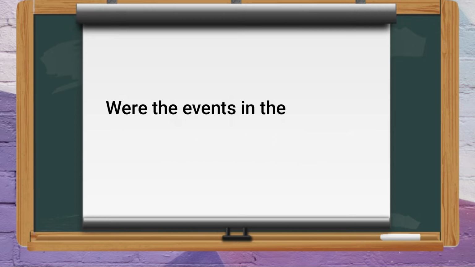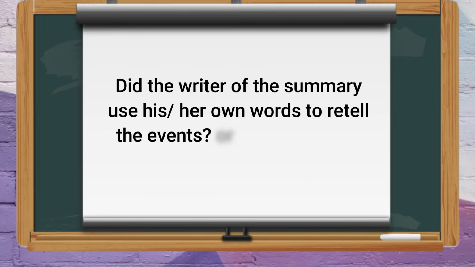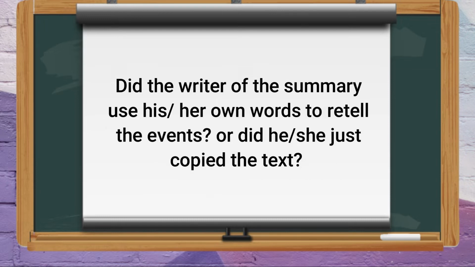Were the events in the summary written in the correct order? Yes, very good. Did the writer of the summary use his or her own words to retell the events? Or did he or she just copy the text? You were right. The writer used his or her own words and he or she did not copy the text.